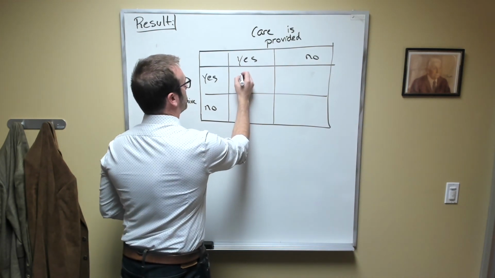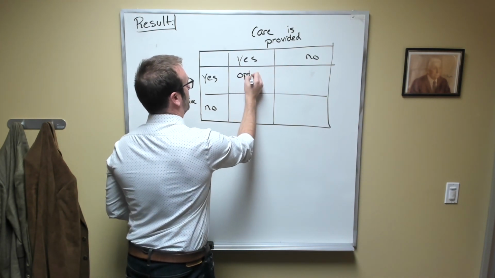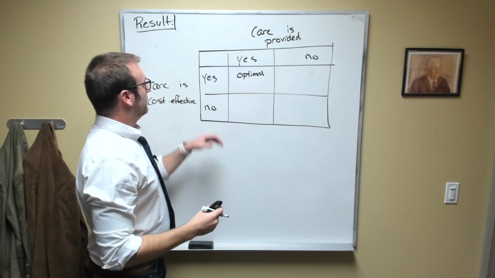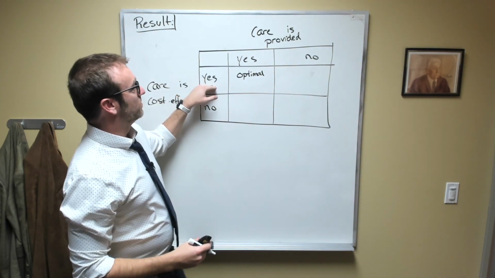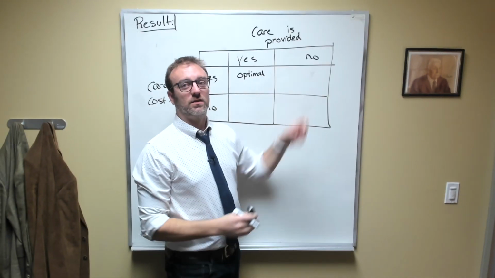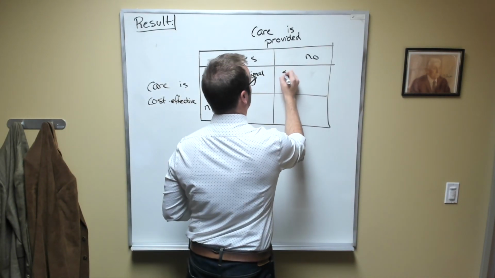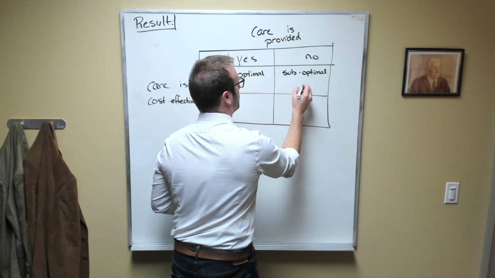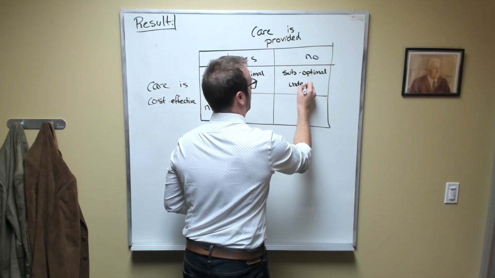And this is what economists would call optimal. In a situation where the care is cost effective, but it is not provided, this would be suboptimal, and we would know this as underuse.